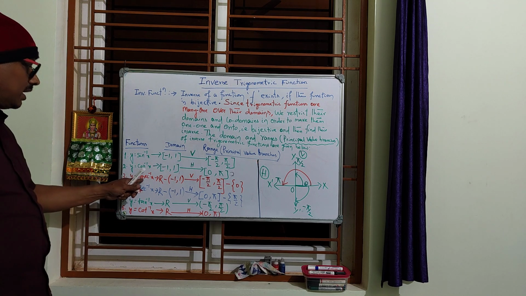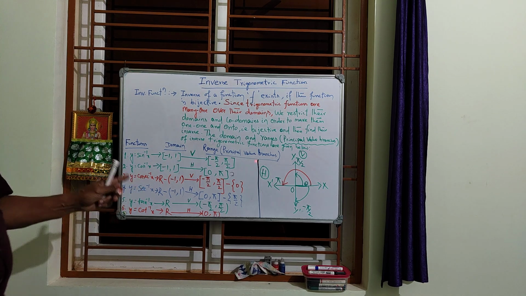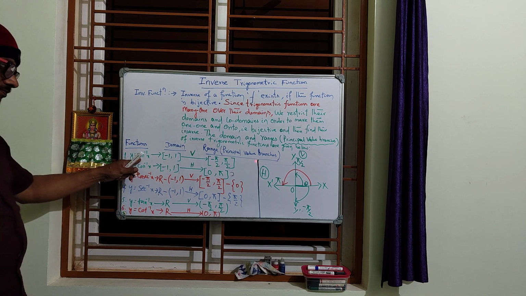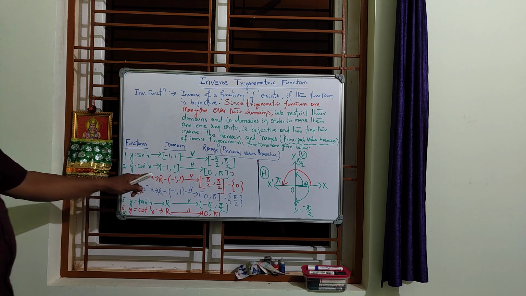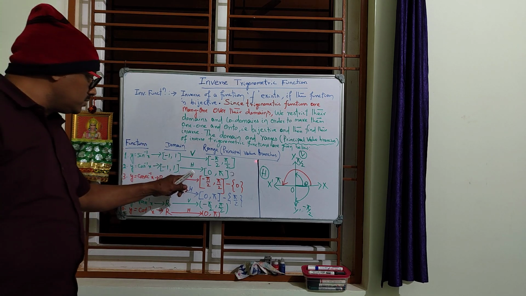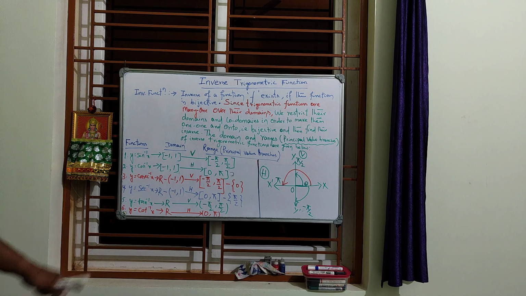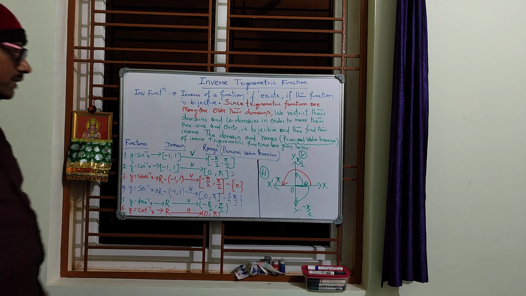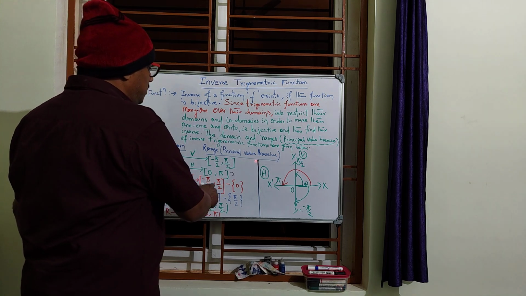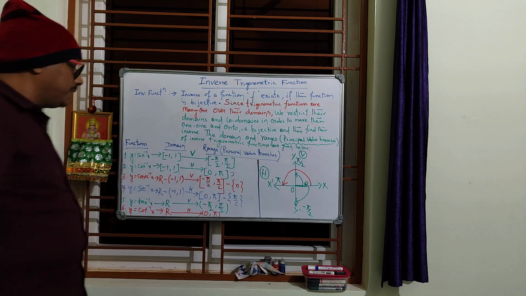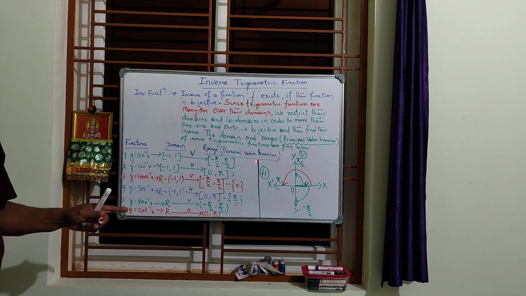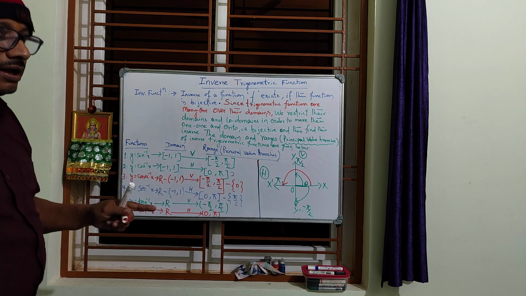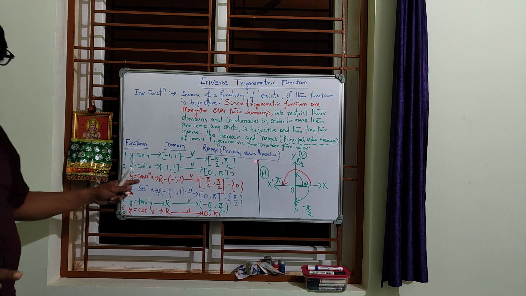Then regarding cosec inverse x. We already know that cosec x is the reciprocal of sin x. So cosec inverse x is also in the vertical position. That means the range of cosec inverse x will be minus pi by 2 to pi by 2 minus 0, because 1 by sin x is defined only when sin x is not equal to 0.